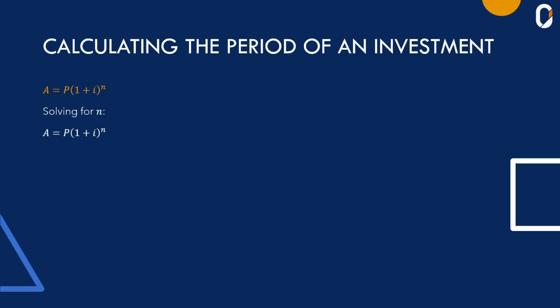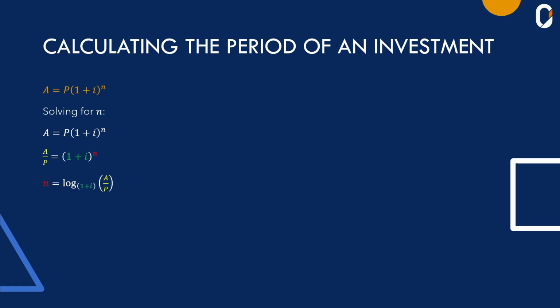The formula goes like: A = P(1 + i)^n, and dividing both sides by P, I will have A/P = (1 + i)^n. Now from here, to move into making n the subject of the formula, it's not as easy, or it's almost impossible. But with logarithms, it becomes very simple.